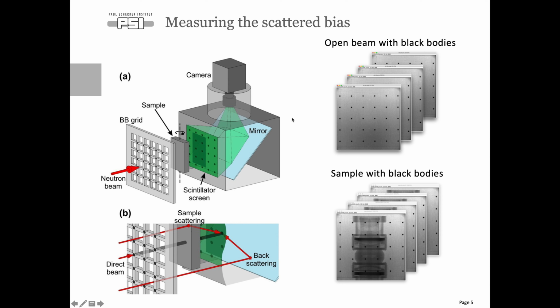The whole correction procedure requires that you have open beam images that include the black bodies. You have sample images with black bodies, and these two sets of images are in addition to the dark current and the normal open beam that you have.